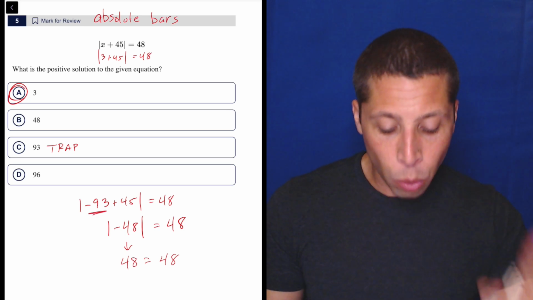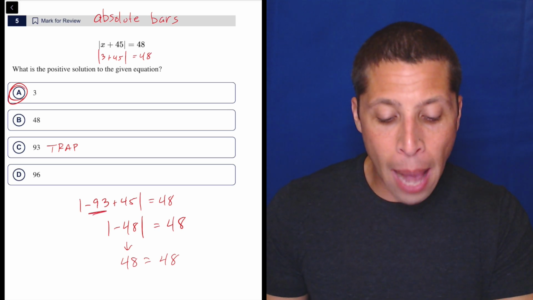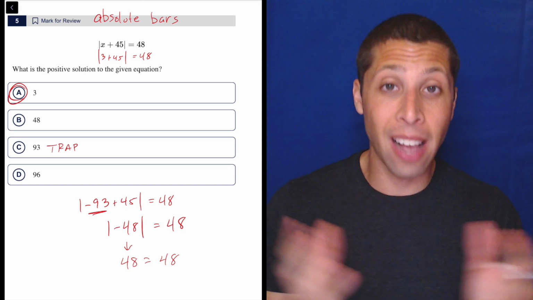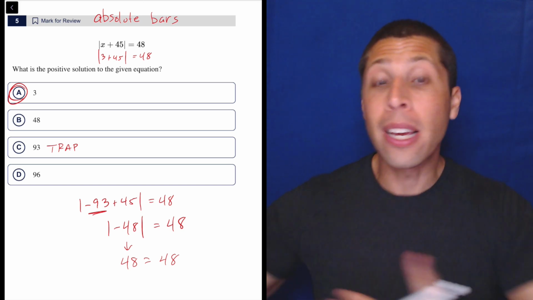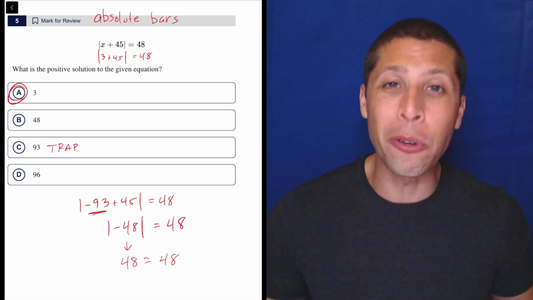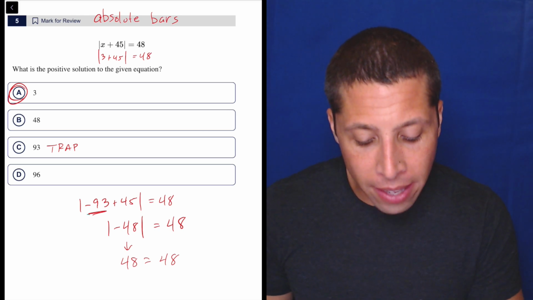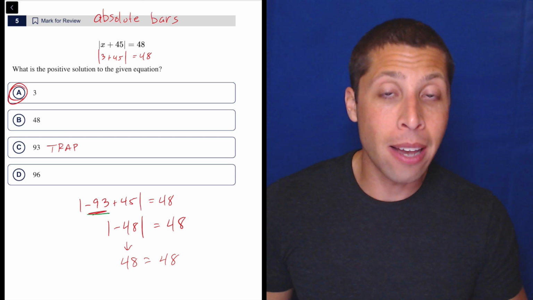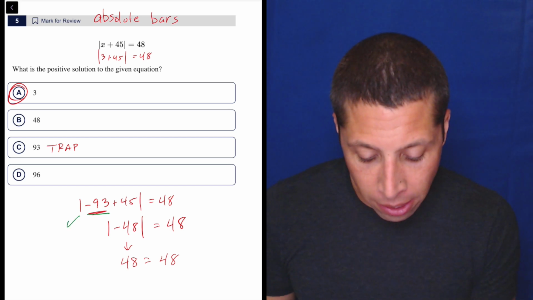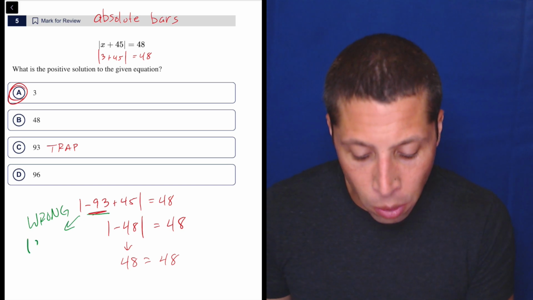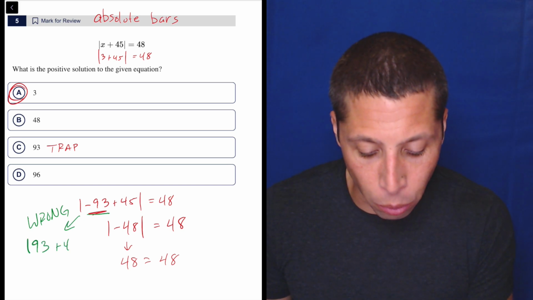But to be clear, look what it did not do, right? The absolute value bars are basically like parentheses. We have to work with whatever's inside first before we do what's on the outside, before we do the absolute value. So it's not like the absolute value bars make this negative 93 a positive first. This would be wrong to do, to make this into 93 plus 45.